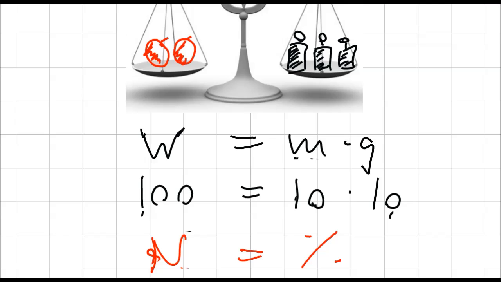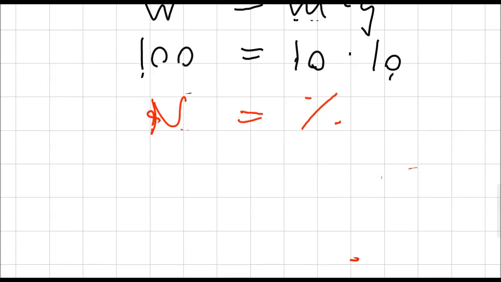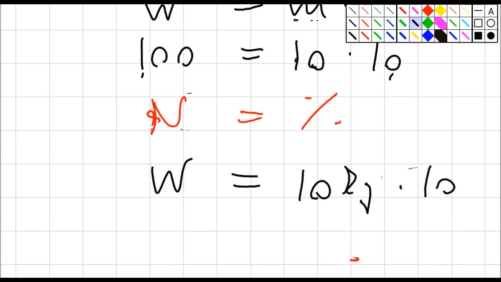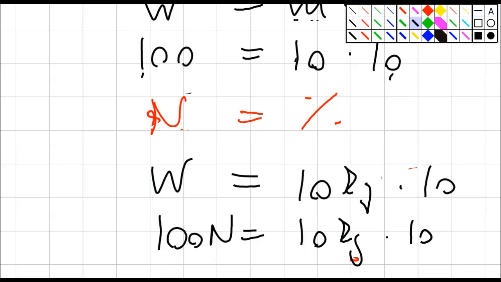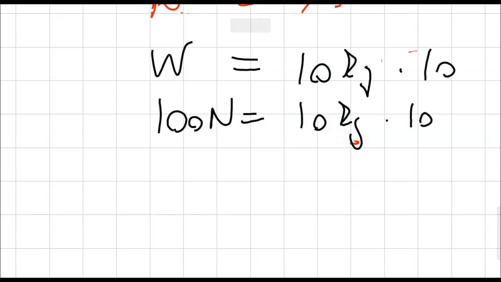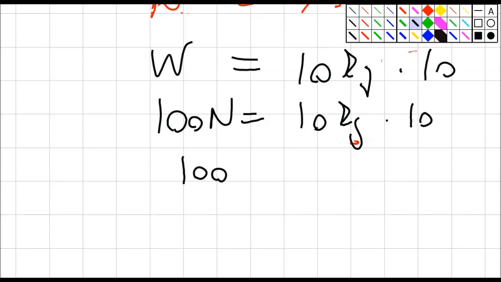I give you another example out of the same. You say weight is mass times gravitational acceleration, and then you say weight equals 10 kg times 10. Now you say 100 Newton equals 10 kg times 10. Now let's look into this one. By numbers we have 100 on this side, 10 times 10, 100 on that side.